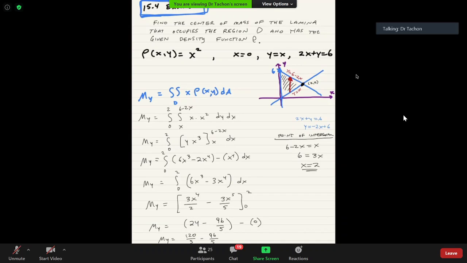Let me sit back and look at this for a second. 24 over 5. Make sure all the computation is correct. That's a number to hang on to. It's 24 over 5, right? So 24 over 5.